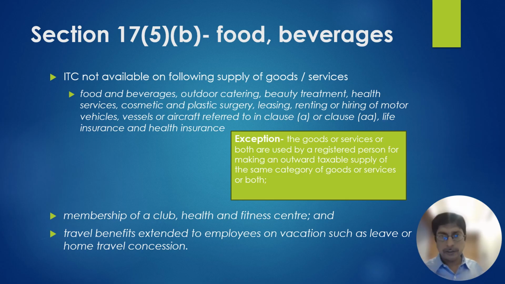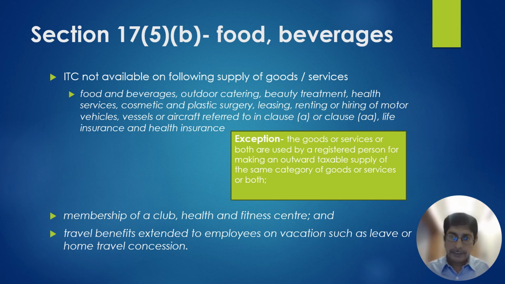Sorry, I take a lot of time here. There is a proviso to this clause that if it is used for further taxable supply, then the GST credit is available on these items. Let's take one example: a person is a trader in packed drinking water. He purchases the packed drinking water and sells it.